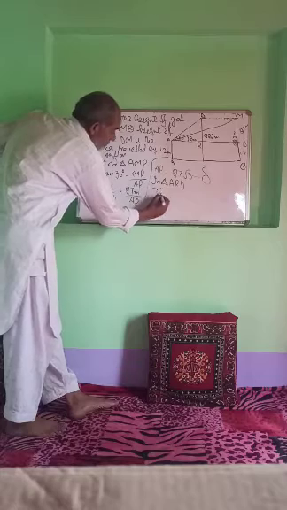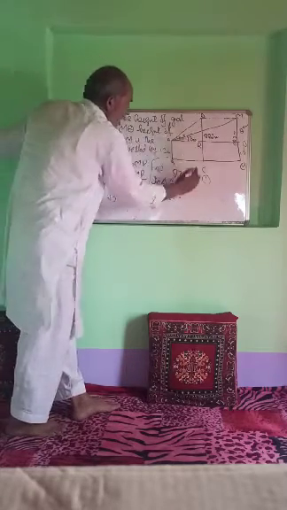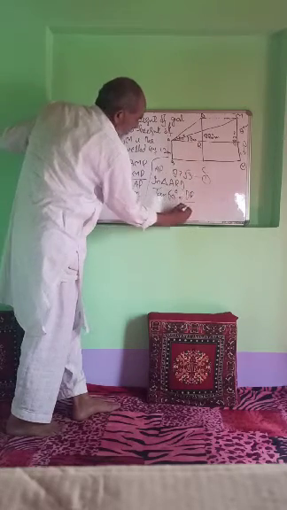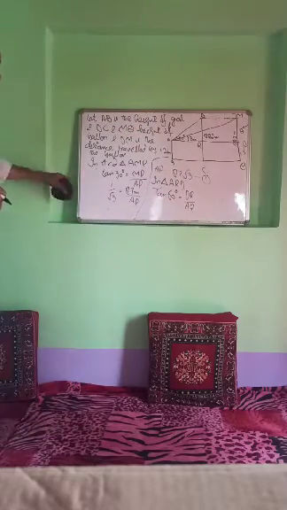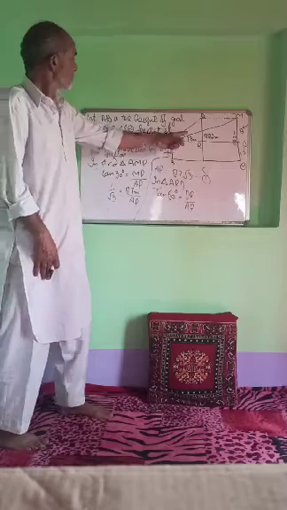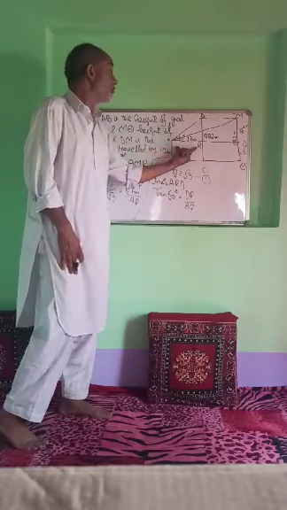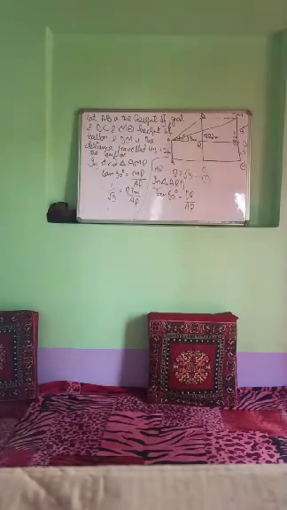Tan of 60 degree is equal to DR divided by AR. Why again tan ratio? Because the opposite side to this angle 60 is given. We have to find the adjacent side, and these two sides are included in the tan ratio.